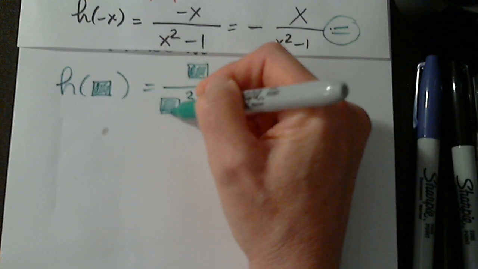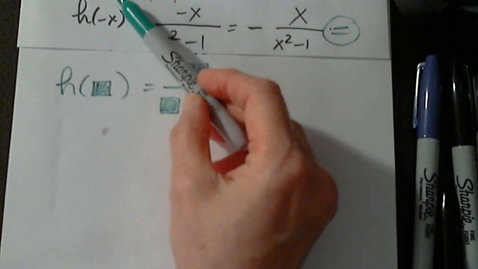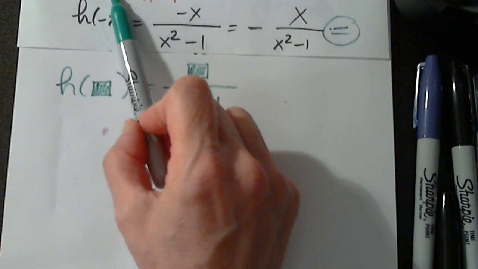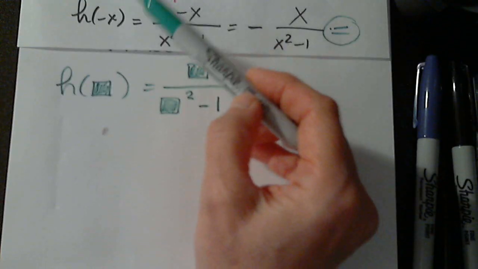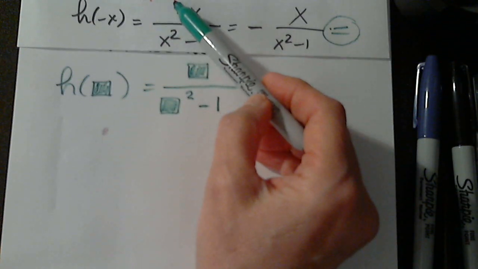Is this clear about the -1? I'm only just changing the x's. But in essence, the pattern, let's read the pattern. h of whatever is whatever over whatever squared minus 1.